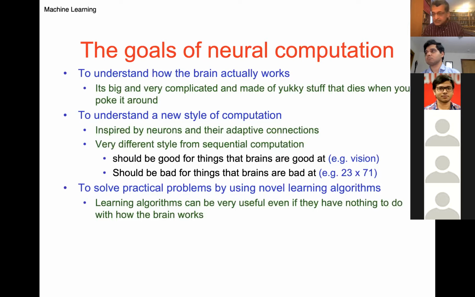Those are the kinds of things we've been able to program computers to do that brains are bad at, and those all involve symbolic computation. But things we are good at are things like walking around and finding our way through a classroom, or recognizing friends or your mother. Brains are good at that. Vision we are good at.